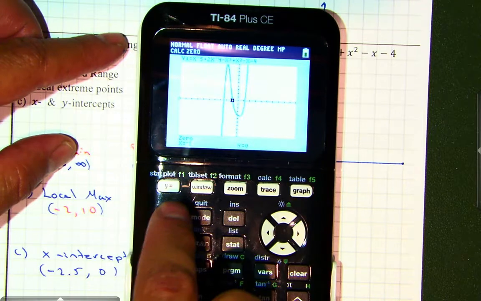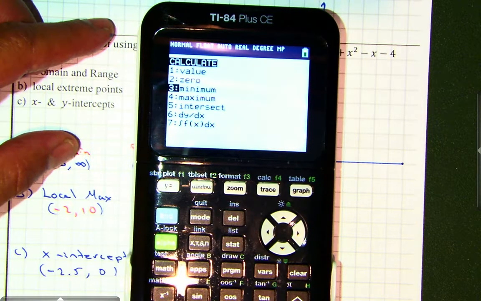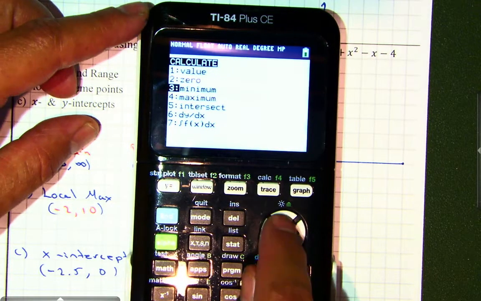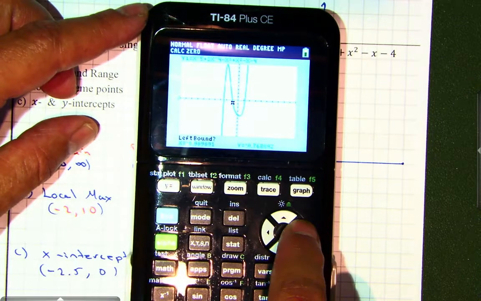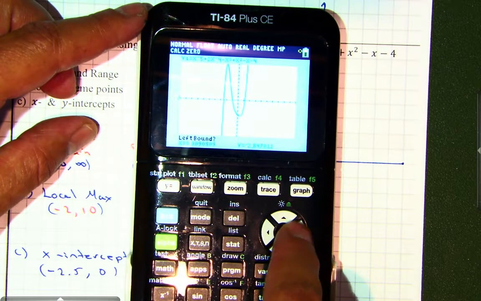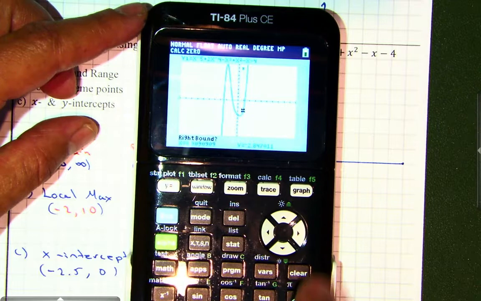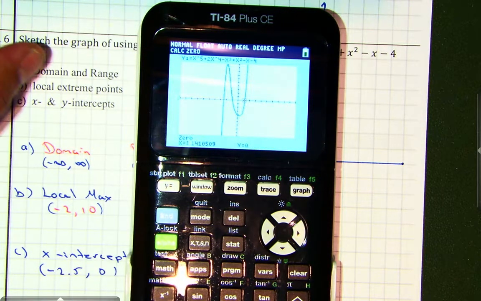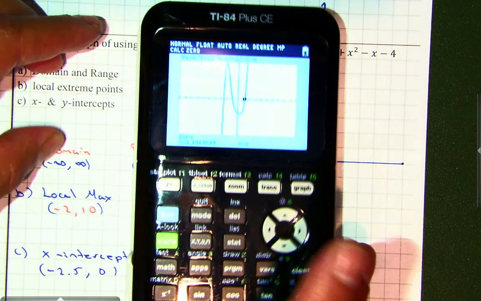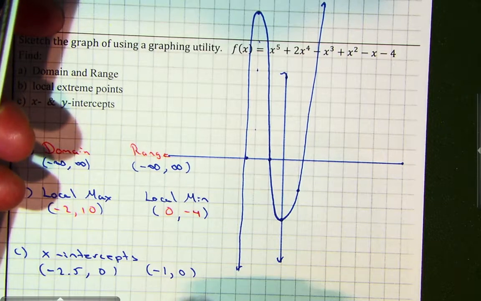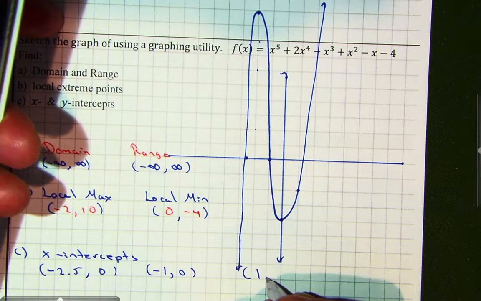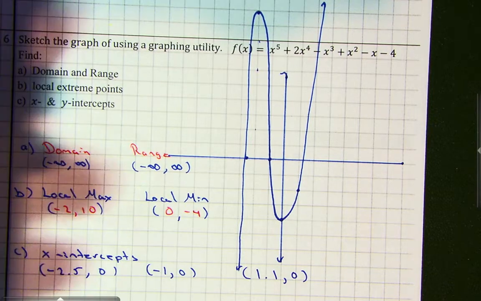I'll calculate once again, zero, left and right. And that'll be 1.14, so we'll round that to 1.1. So those are your 3 x-intercepts.